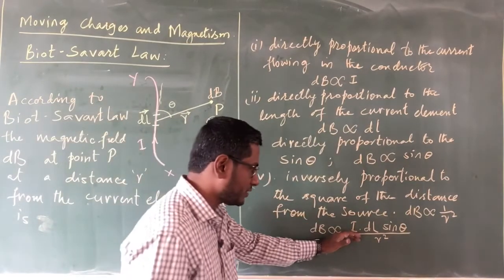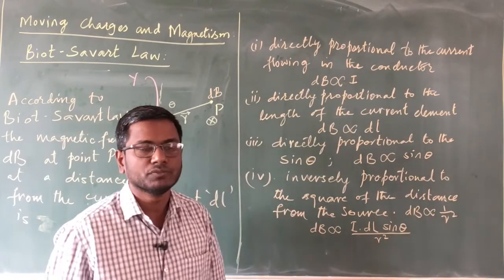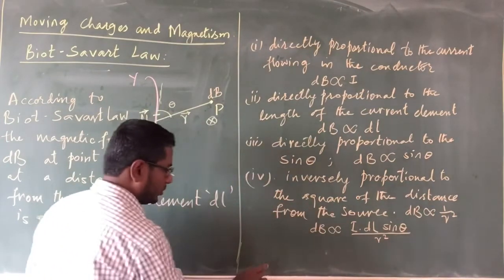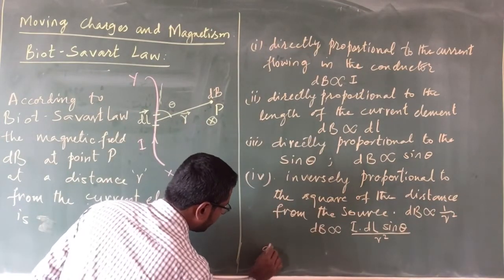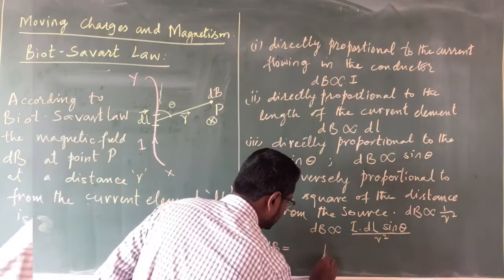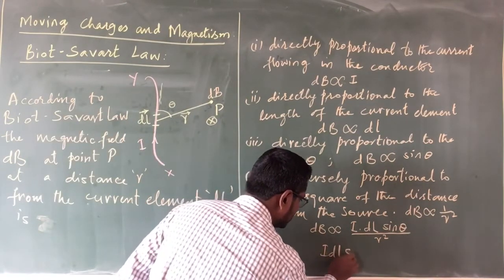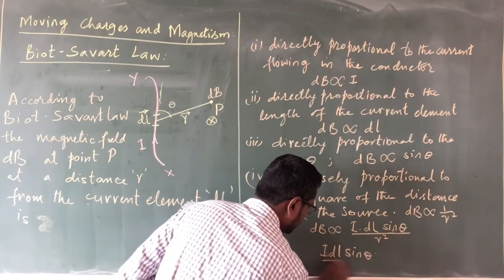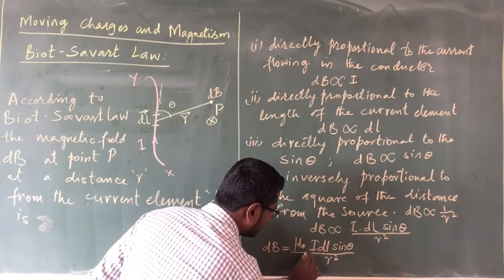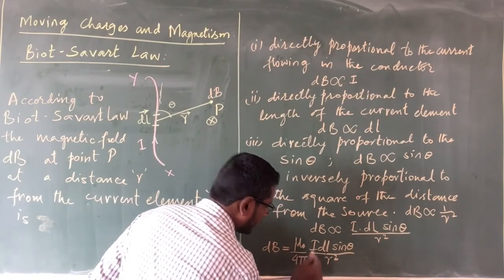Now the first thing we are going to do is remove that proportionality by putting a constant of proportionality. So dB will be equal to I dl sine theta divided by r square, times mu naught divided by 4 pi.